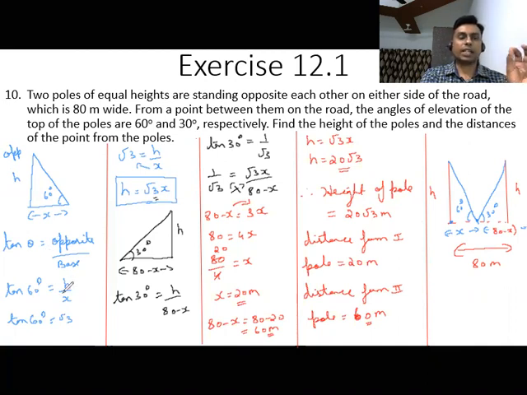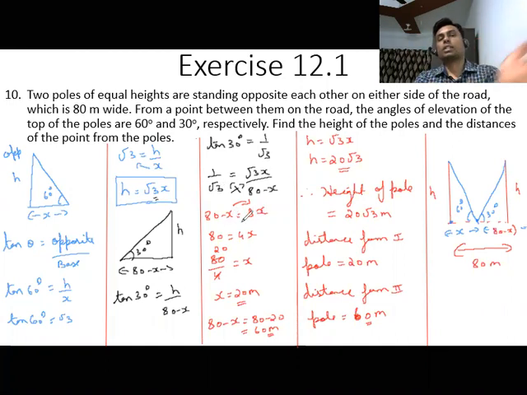Tan 60 is h by x, tan 60 is root 3, so h is root 3x. We got this. Put it in the second diagram. h is the height of the pole, distance is now 80 minus x and angle is 30 degrees. Tan 30 is 1 by root 3, and most important, h is root 3x. We substituted for h. So root 3 into root 3 will become 3x.